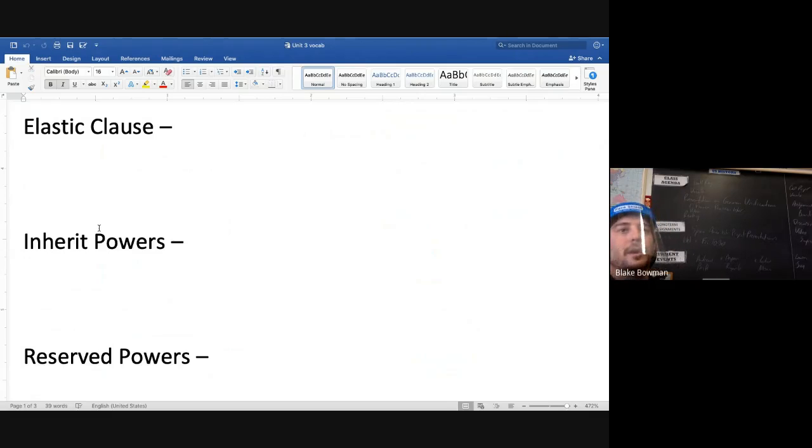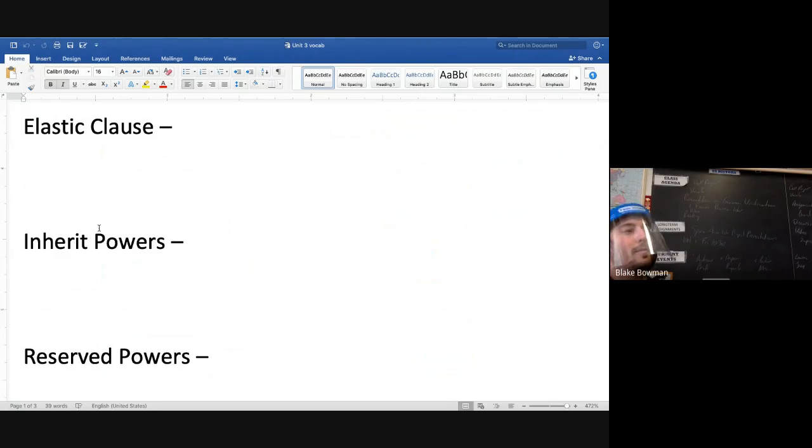So with the New Deal, especially, these are executive orders with FDR during the Great Depression, trying to help alleviate some of the problems of the Great Depression. He pushed out a lot of executive orders, okay, and these are powers that are not stated in the Constitution, but are rights, powers that are given to the executive branch, which is the president. All right, good job.